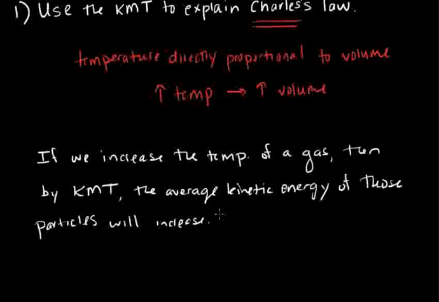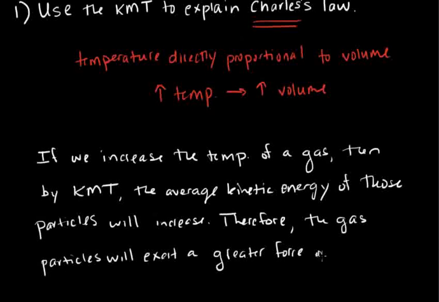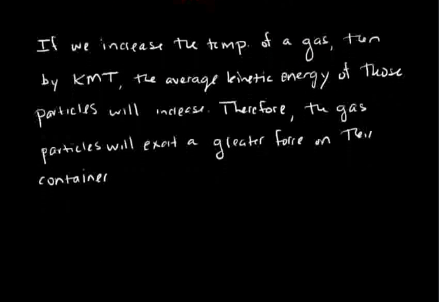So therefore, the gas particles will exert a greater force on their container. Now, 2 things can happen here. If we hold volume constant, a greater force is just going to increase the pressure of that system.